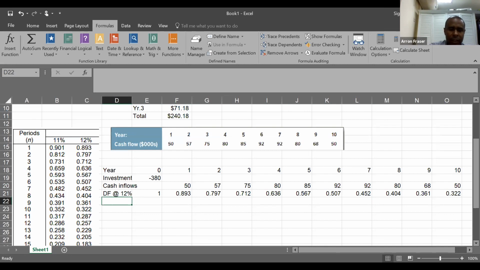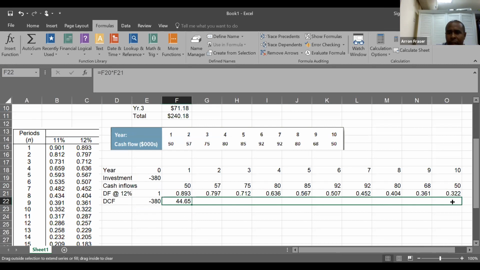So for the discounted cash flows, in the case of the investment you would just multiply it times the discount factor of 1. And for the inflows, you'll take the cash inflows times the discount factor. And this will give you the discounted cash flows. We just take this formula right across.